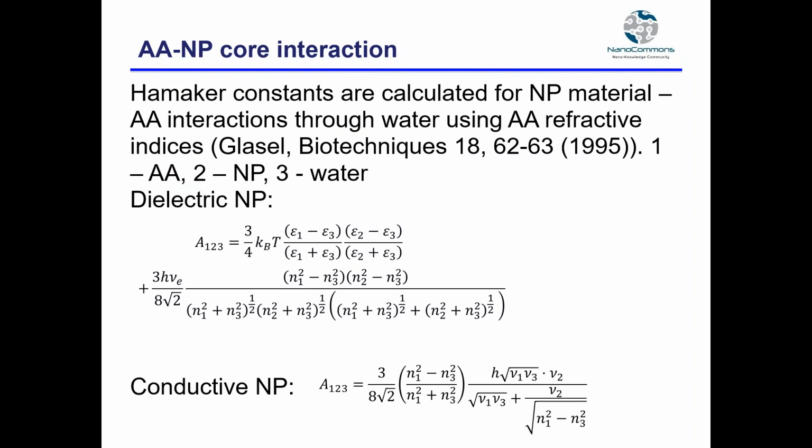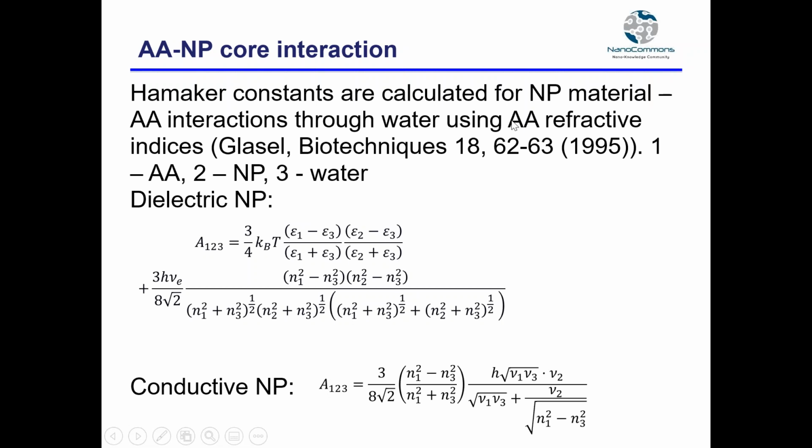Then the input values for this procedure are the Hamaker constants, A1 to 3. So it's the interaction of the amino acid, which is substance 1, with the nanoparticle, substance 2, through water, which is substance 3. The formulas differ in the Lifshitz theory depending on whether the nanoparticle is dielectric or conductive. The formulas are both given here.